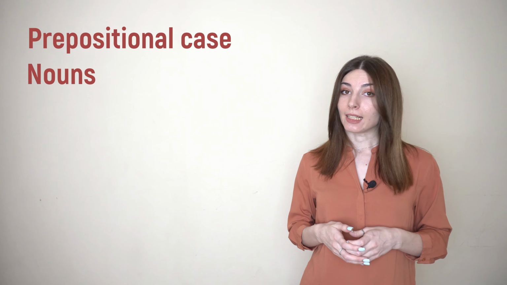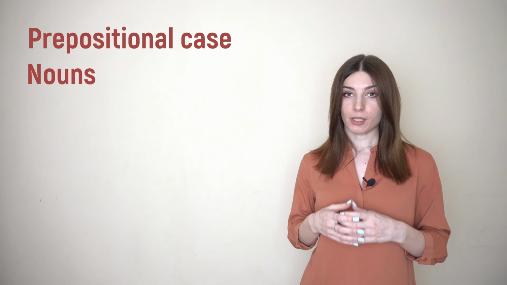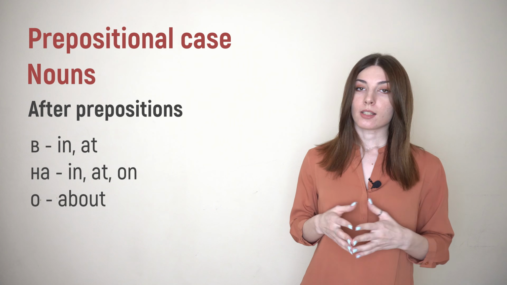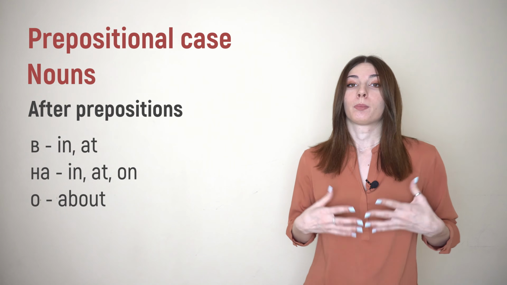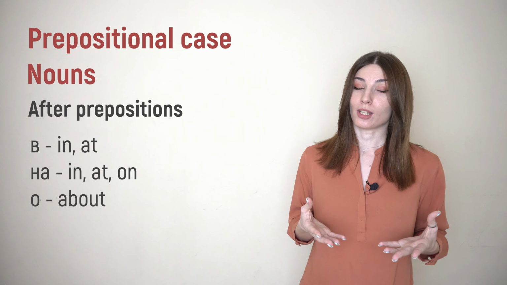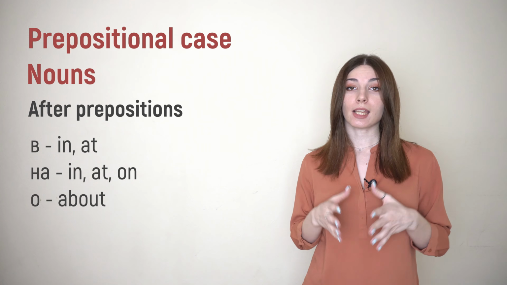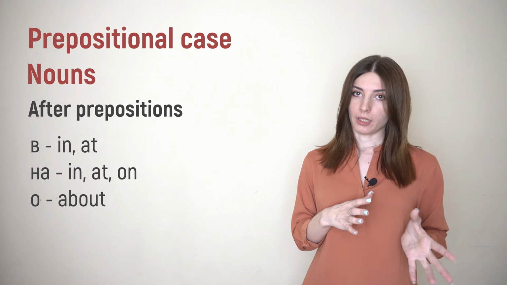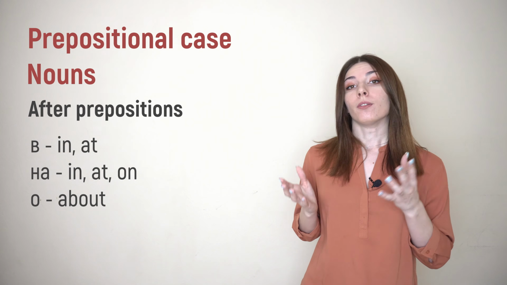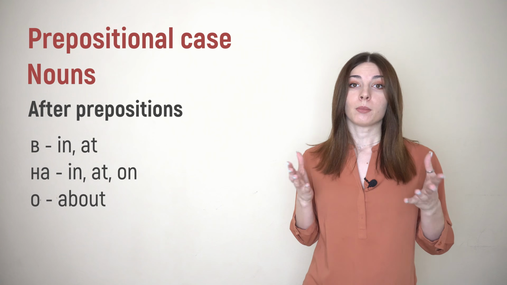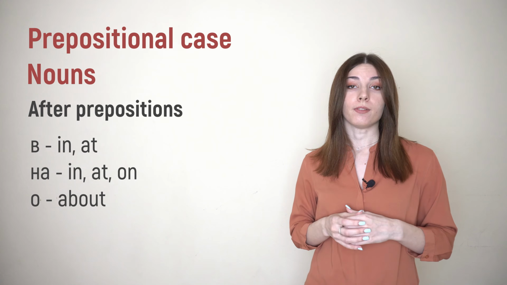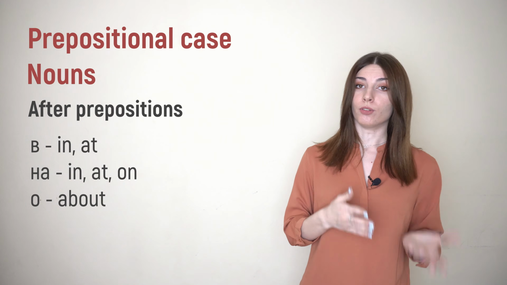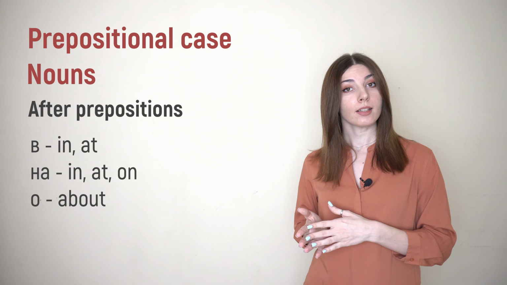If you notice, here we can use the prepositions в, на, or о. Obviously, if we look at the name of the case, prepositional, it comes from preposition. We understand that always in this case we should use prepositions. But if о is clear, it's only for about, в и на can mean the same thing. I already made a video on how to choose the correct one, how to choose if we need to use в or if we need to use на in the sentence.